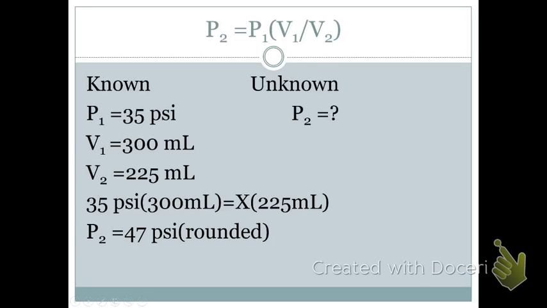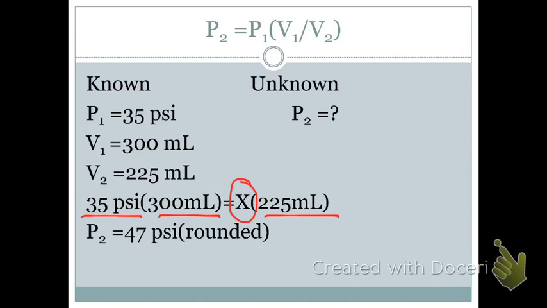We do the plug and chug, where our P1 is 35, 300 is V1, and then of course 225 is V2. We are solving for P2. You're going to do the same thing we did before: divide both sides by 225. Your answer should have been 47 psi if you rounded it.